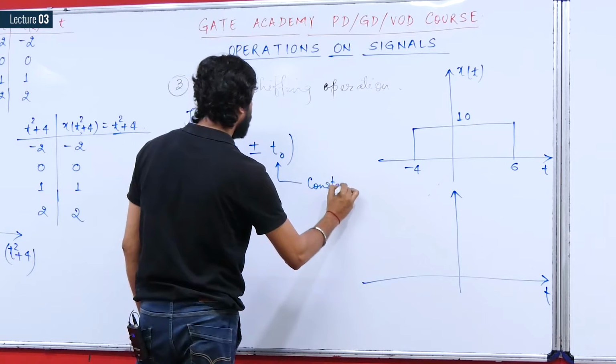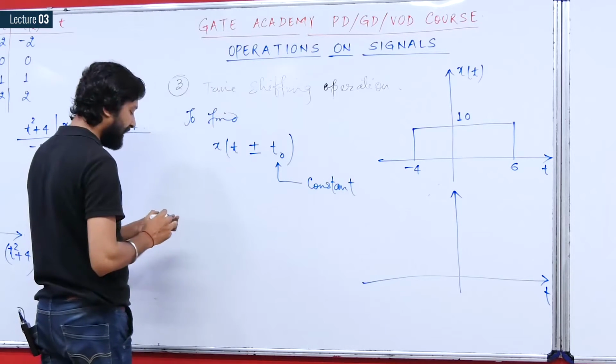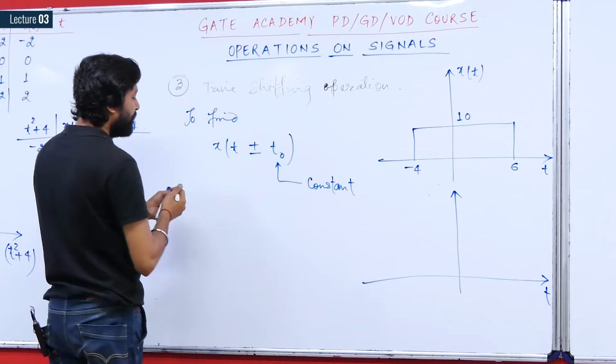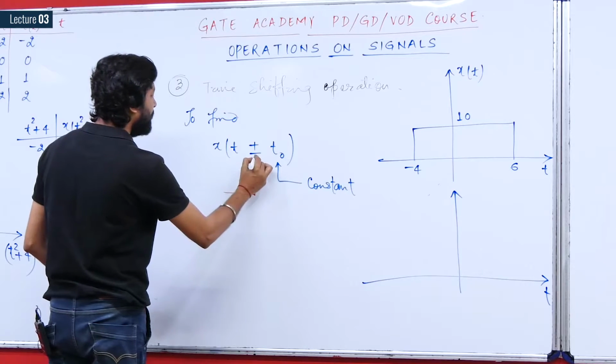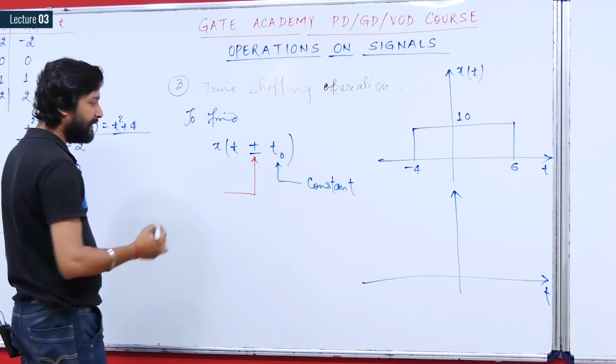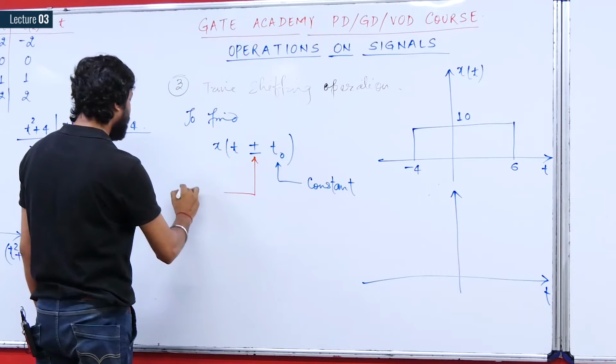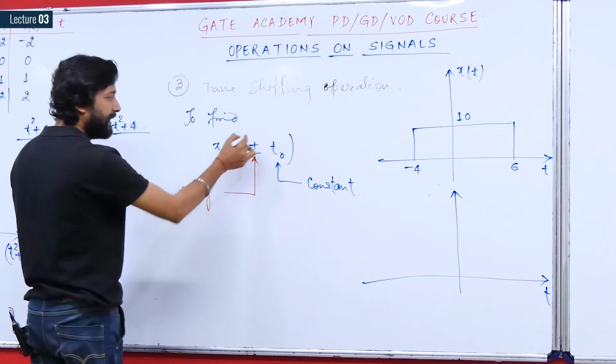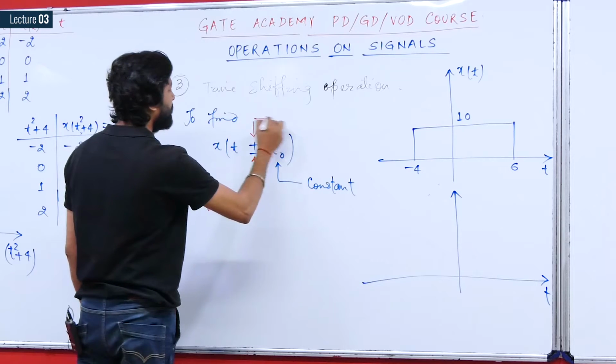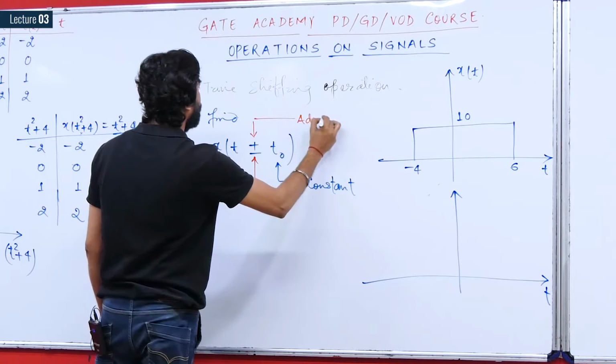It will be a constant, and for these plus and minus signs, you know that if the sign is minus, then the shifting using the negative sign implies delay, and if you are taking the positive sign, then it implies advancement of the signal, advance.